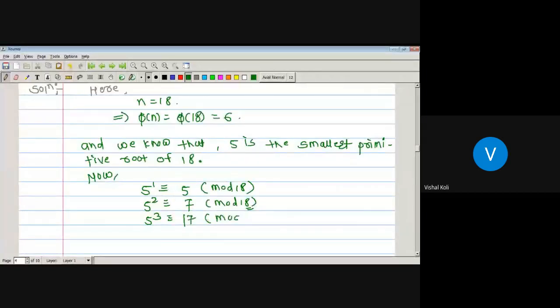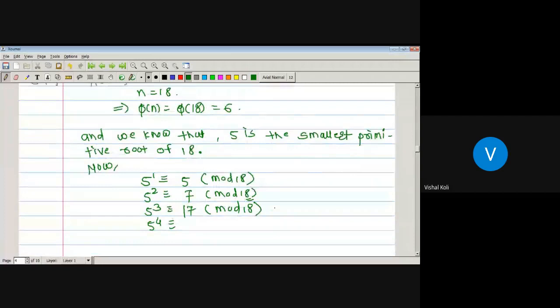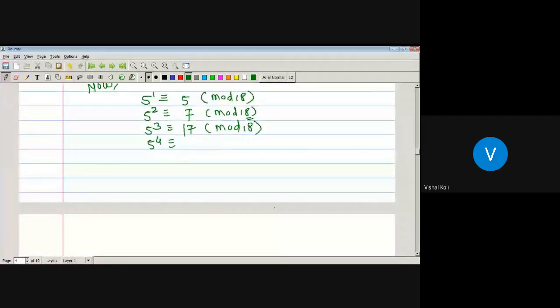5 raised to 4 is congruent to 17 into 5 over modulo 18, which is 13 modulo 18.